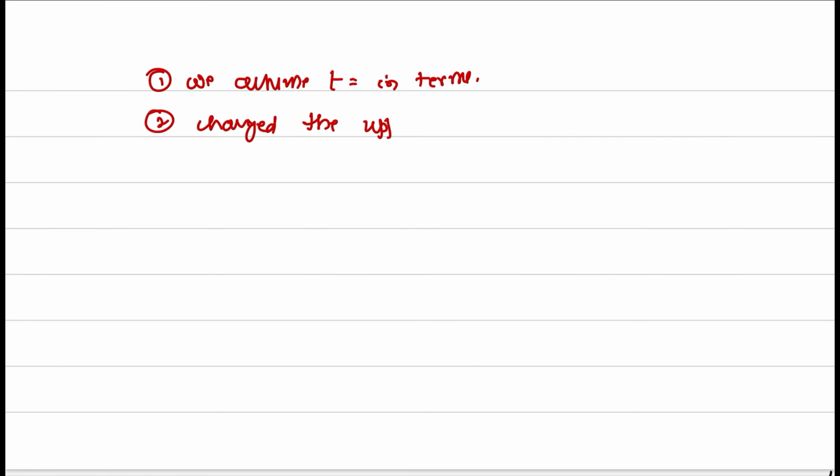In this, what we have done: one is we assumed t is equal to an expression in terms of x, then changed the upper and lower limits of the definite integral accordingly.